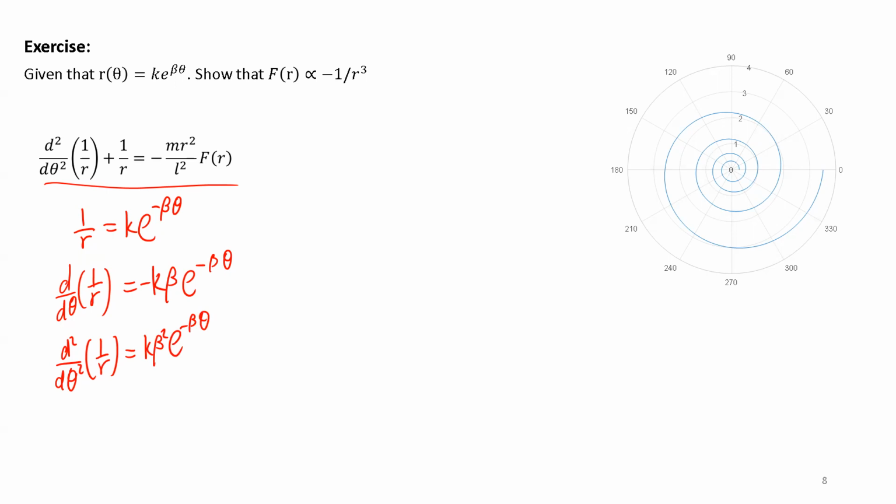And now the left hand side, the total, the two terms added together, would be just this term plus this term. And you'll be able to find that this is k e to the minus beta theta times beta squared plus 1. And this whole thing is equal to 1 over r times beta squared plus 1.